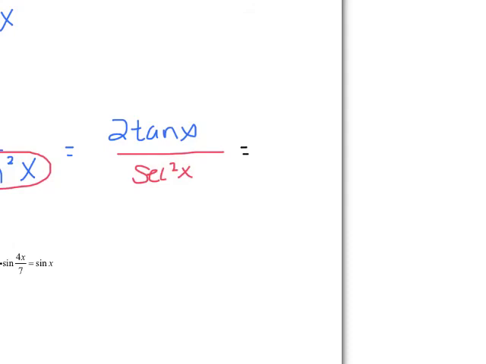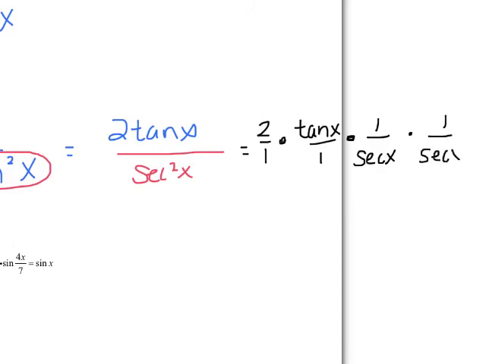So 2 is just 2 over 1. Tangent is tangent over 1. Now secant, but it's secant in the denominator. So you got to make sure you indicate it's in the denominator by saying 1 over secant and another 1 over secant. So let's relate it back to sines and cosines.